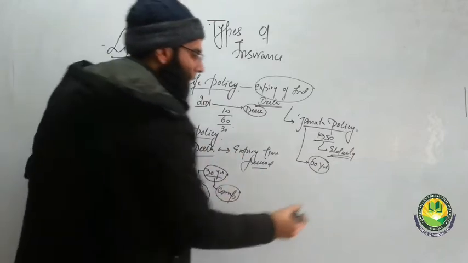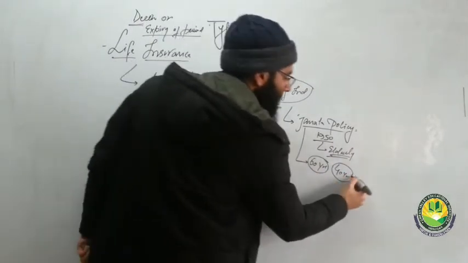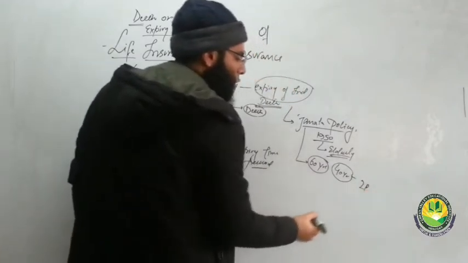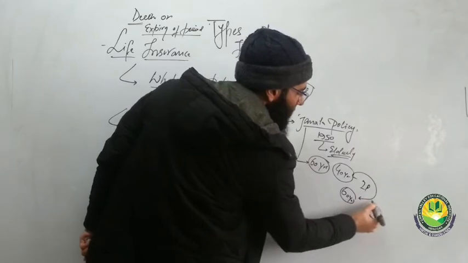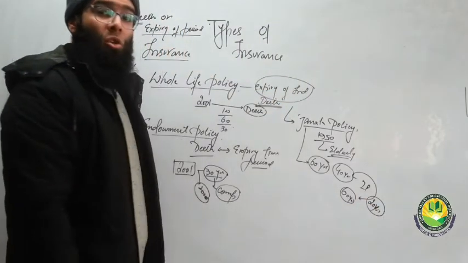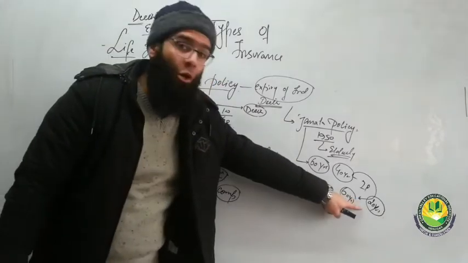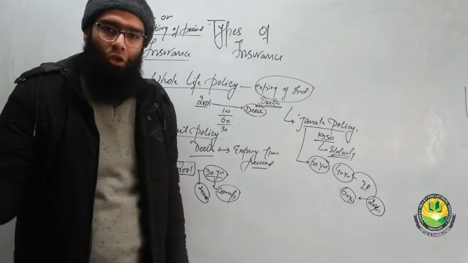So if somebody is 40 years of age and he takes up Janata policy, we know that it will mature at 60 years. So this policy is for 20 years. If the death occurs before 20 years, that person's beneficiaries will receive the insurable amount.